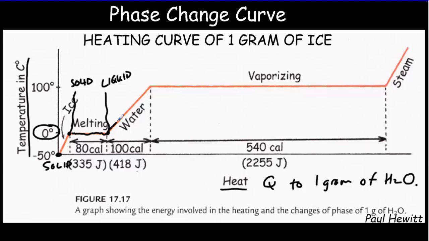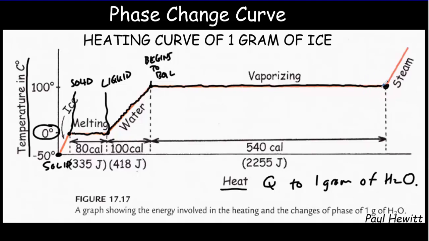So you add heat, and the temperature will rise at a constant rate, warming up that liquid until it begins to boil. And this is the point where it begins to boil. It's still a liquid at that point. You continue to add heat, and you boil away more and more of the liquid, creating more and more gas, and eventually you get nothing but gas.